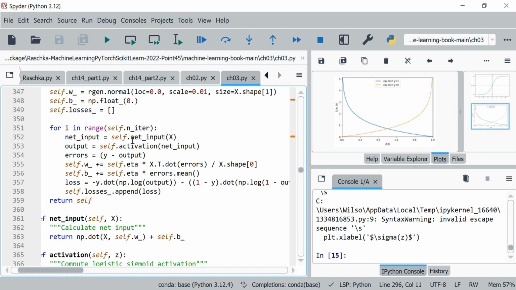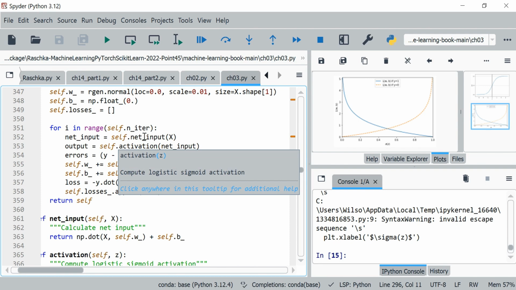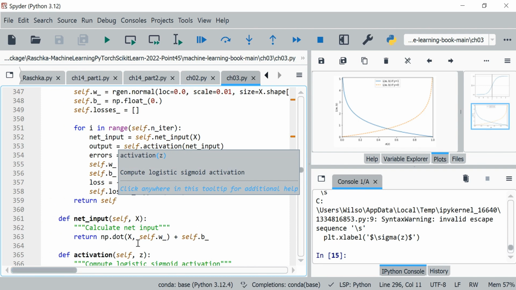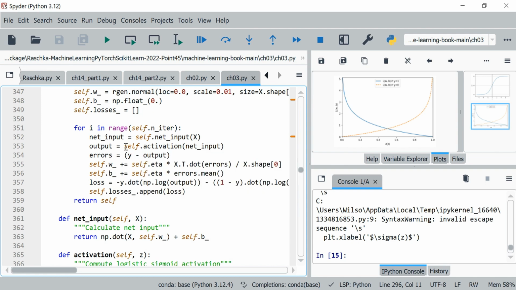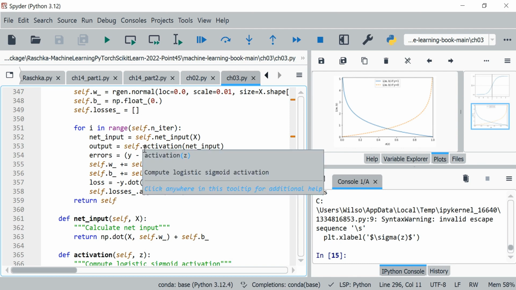Net input is a function. In the net input function, we can see net input is the product between feature and weight, so here is the matrix multiplication, then plus the bias. Then the output is the sigmoid activation of net input.